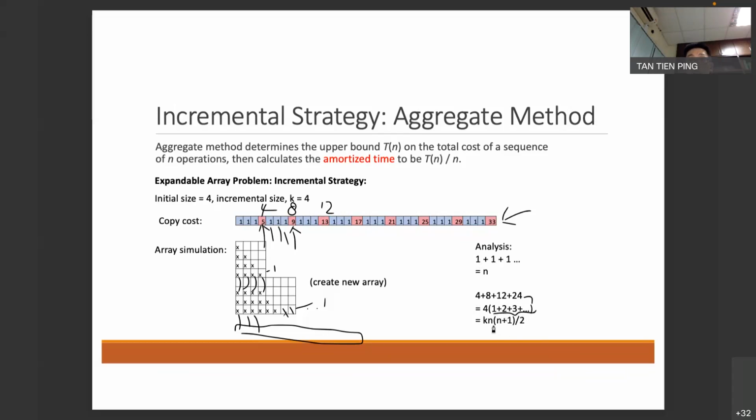This sequence is n times n plus 1 divided by 2. And this 4 is actually k. So the total Tn is n plus k times n times n plus 1 divided by 2. Okay, any questions?